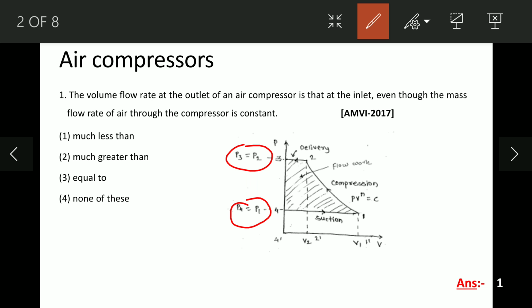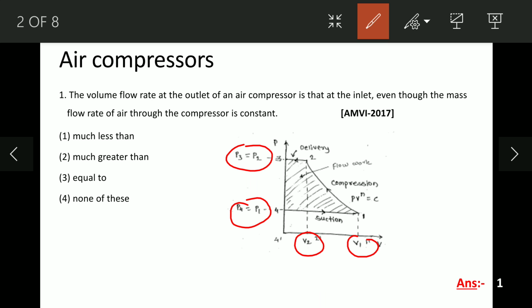Now, for understanding this problem, we have taken here process 1 to 2, that is a compression process. So air is compressed from pressure P1 to the pressure P2 and its volume is reduced from volume V1 to the V2. So V2 is far less than the V1.